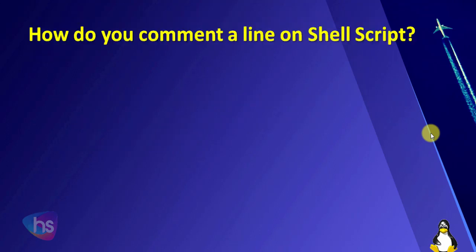Now, how do you comment a line in a shell script? We write scripts to automate tasks. For example, we are running a web server or a MySQL server, and unfortunately the idle connections to the MySQL database server are building up.